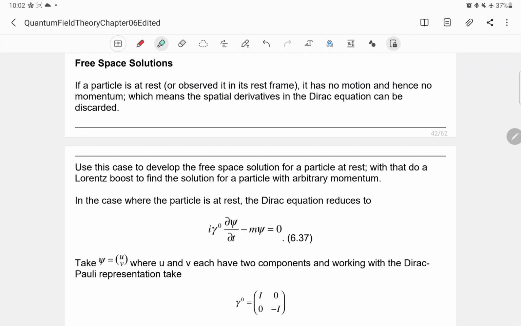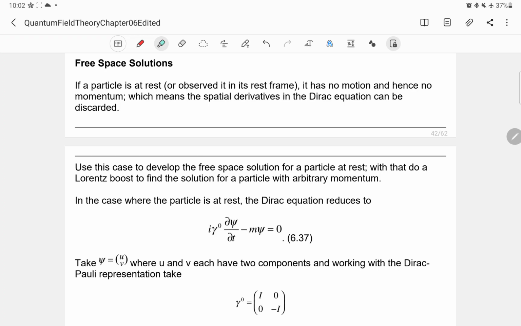This is the free space solution of the Dirac equation. Now we're discussing if a particle is observed in its rest frame, or simply at rest, then it has no motion and no momentum. This means that the spatial derivative in the Dirac equation can be discarded.